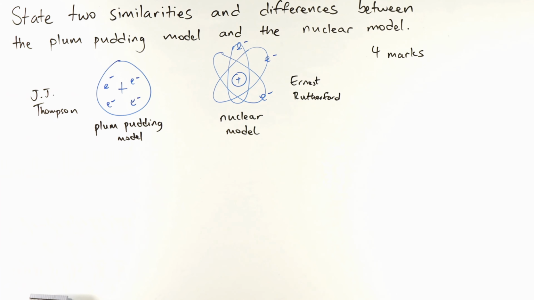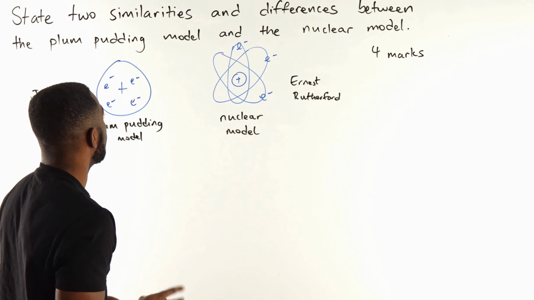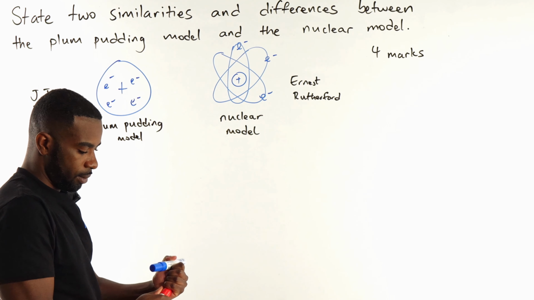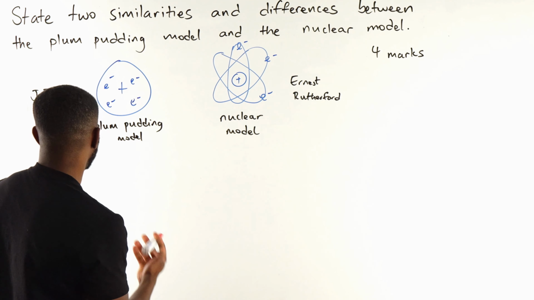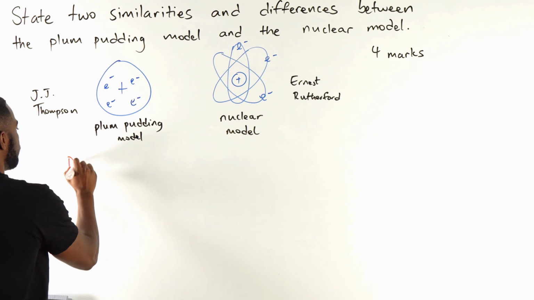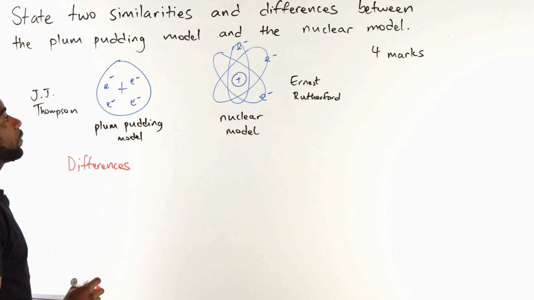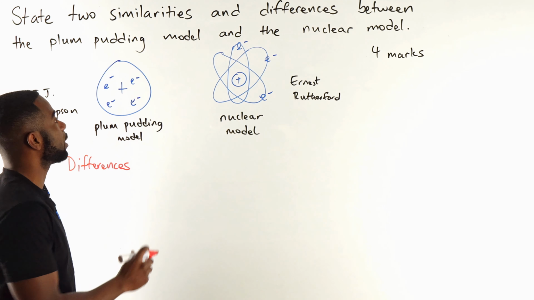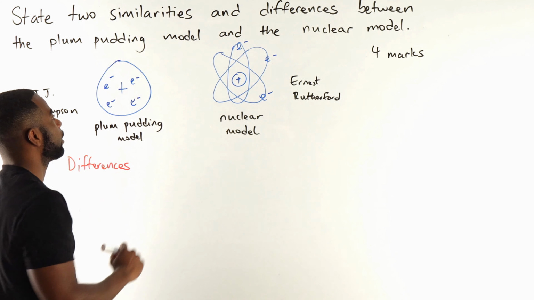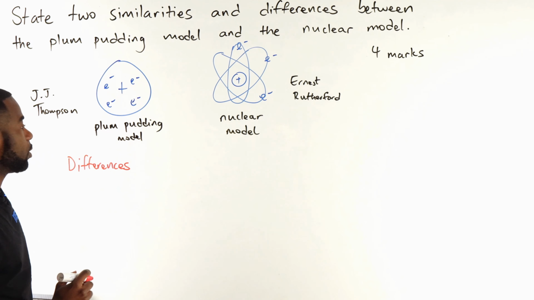So very quickly then, what I will do is pop in our similarities, if I can open this pen. There we go. So we have the differences. I'll put differences first. If you have a look at these two, you can see there is a nucleus in the nuclear model, whereas the plum pudding model does not have one.